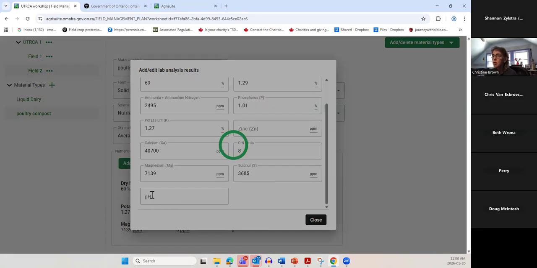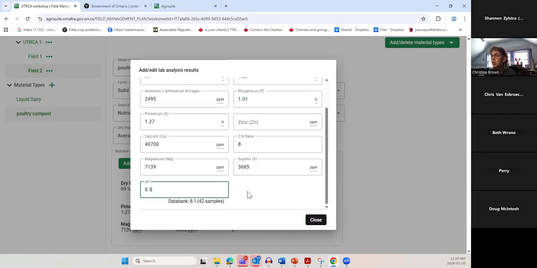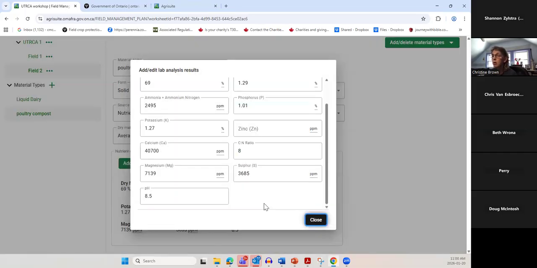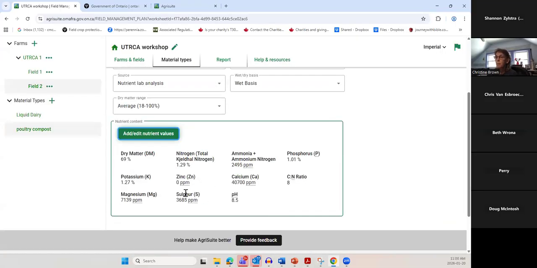And pH in this case is 8.5. The pH of solid manure is most of the time quite a bit higher than liquid manure. Okay, so we could add more, but that's good enough.